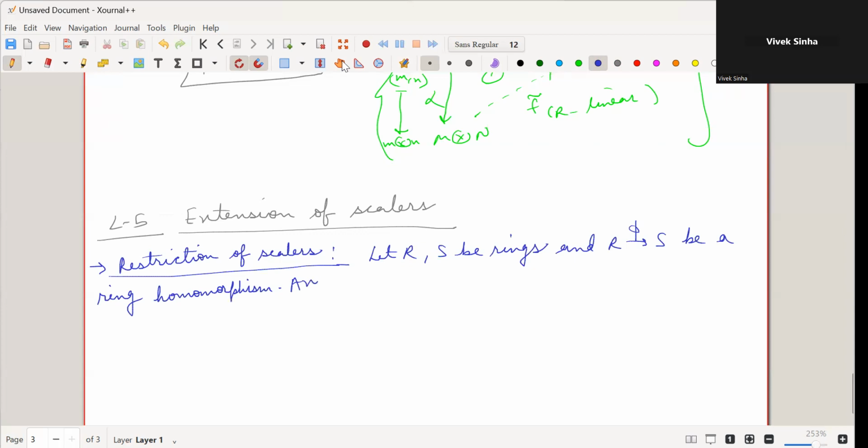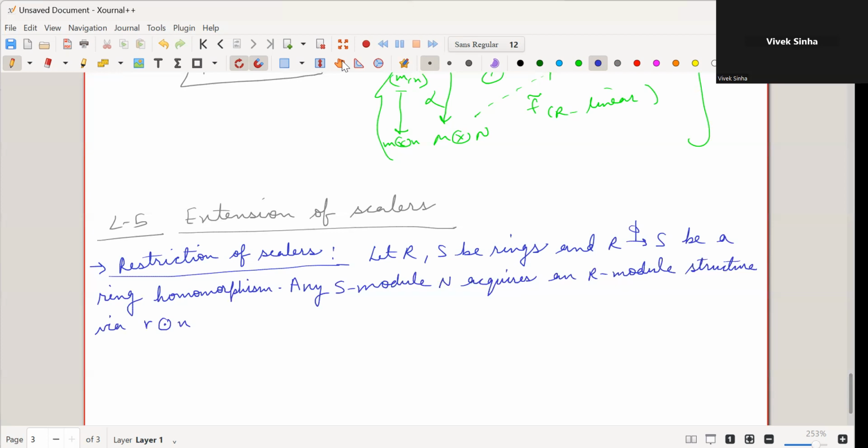Then any S module N acquires an R module structure via r dot n.